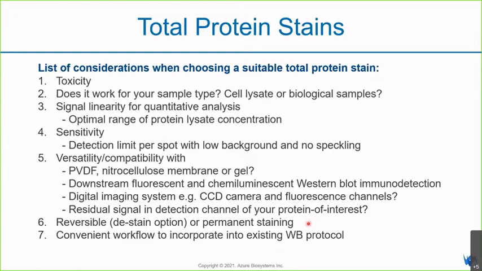But reversible allows you to destain it and you still can keep the blot and image it afterwards. And of course, finally, since we're switching from housekeeping normalization to total protein normalization, it must be convenient. It's a convenient workflow that allows us to incorporate it into the existing Western blotting protocol.